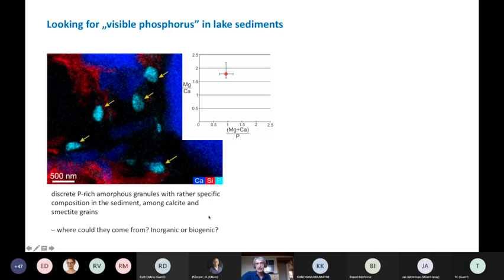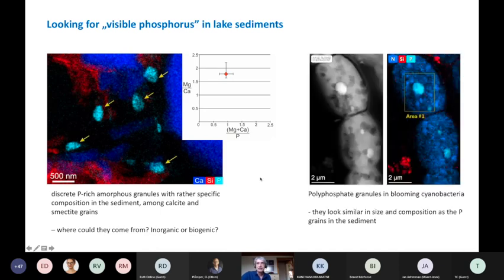And then we started to wonder about their origins. Is it inorganic? Is it biogenic? And it's tempting to think it's biogenic, because these are some cyanobacteria, and they have these polyphosphate granules. Microorganisms and all organisms tend to make these polyphosphate granules because they use it as a storage of phosphorus and also for metabolic reasons.